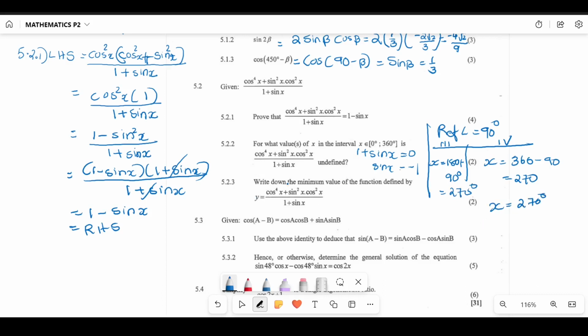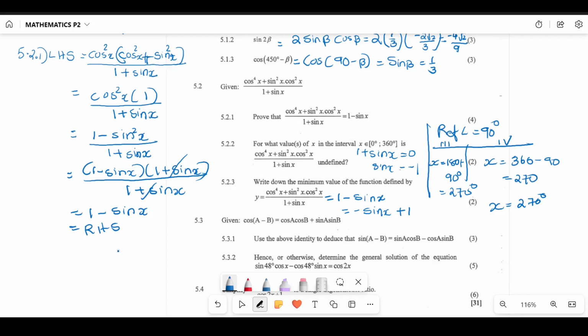Okay. Write down the minimum value of the function defined by y equal to this. We already simplified it. That function is equal to 1 minus sin x. To find the minimum value, we must simplify this to an expression including a single trigonometric ratio, so that we know the minimum. It's actually the minimum of negative sin x, that is a trigonometric ratio here, plus 1.